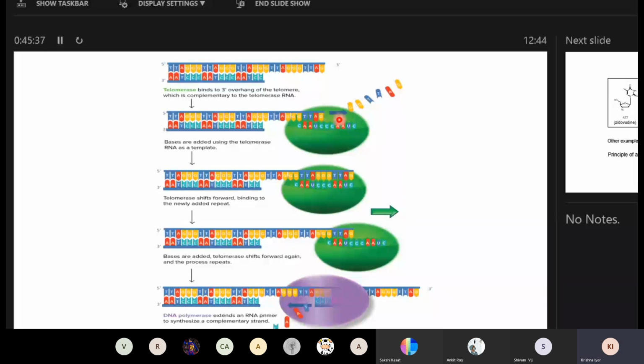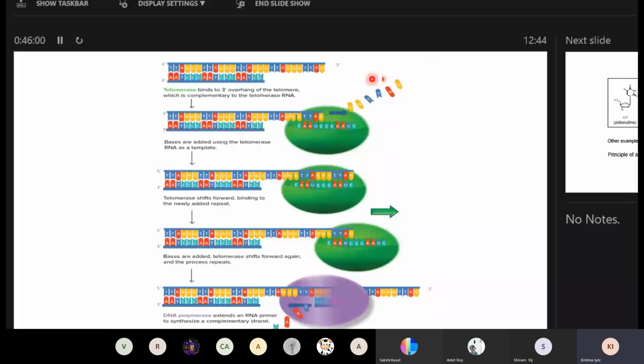And not only that, it does that many times. So once it adds here, it'll move a little bit. Again, this RNA will bind to this complementary sequence. Again, new DNA will be added. So what it essentially does is it takes this 3' end of the original parent and makes it bigger. Okay. Now see what happens.